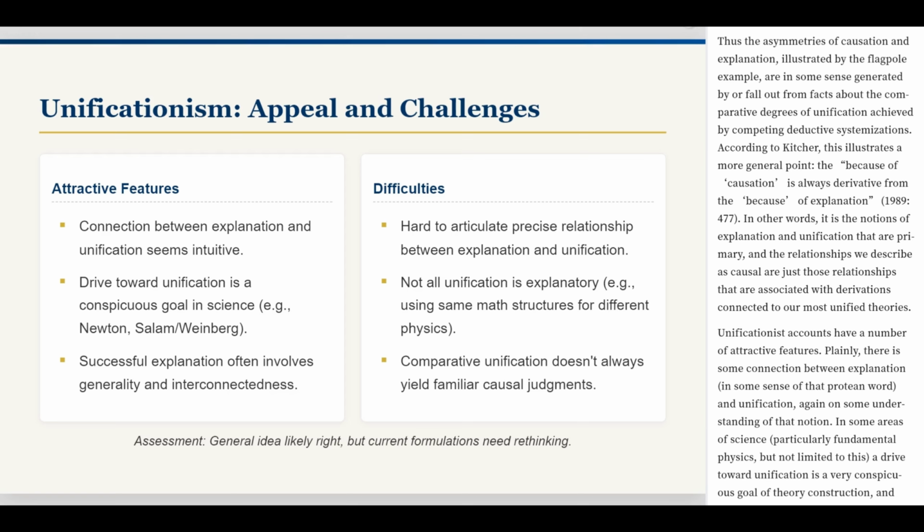Similarly, Salmon noted that simply comparing unification levels doesn't always give us the causal judgments we expect. It suggests causality might have an independent basis. So, while the core idea of unification being key to explanation likely holds some truth, the current versions of the theory probably need some serious refinement.